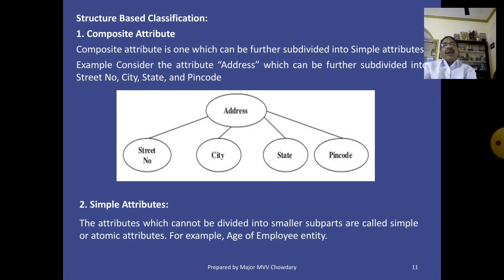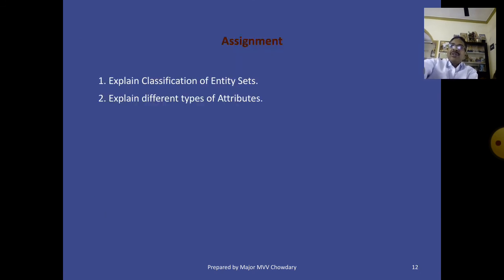Simple attributes are atomic values which cannot be divided further. For example, a student's phone number is an atomic value of 10 digits.